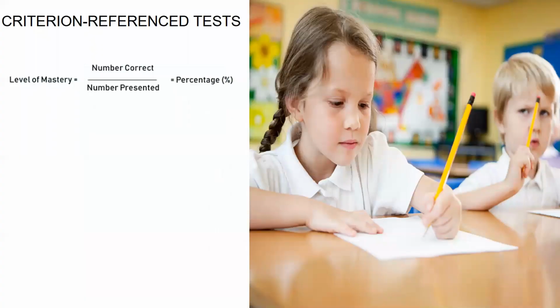So for a criterion reference test, we have a really simple formula that we can use. We gauge our students' level of mastery by taking the number correct and dividing it by the number provided or presented, and this is going to give us a percentage. So, for example, let's say this past week I gave a spelling test.